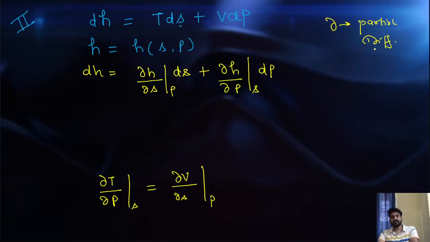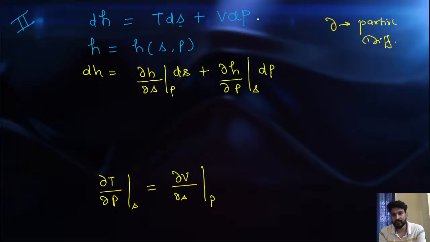But I'm not going very deep because we are studying thermodynamics, not mathematics. I'm using only the basic things and I hope you are aware of them. If not, when the mathematics classes start, you can see these things.